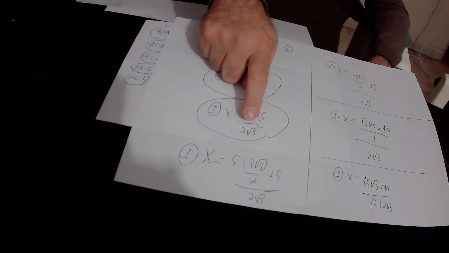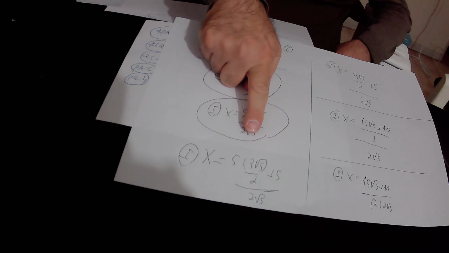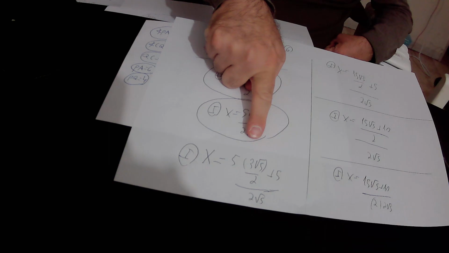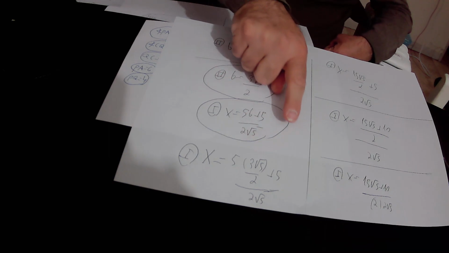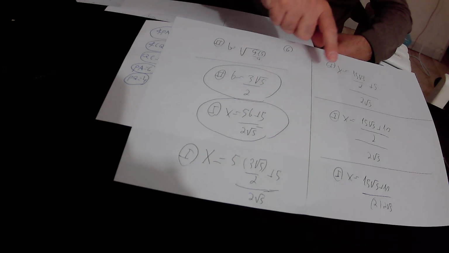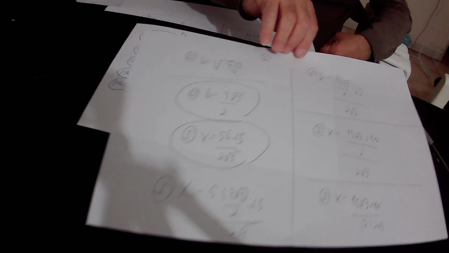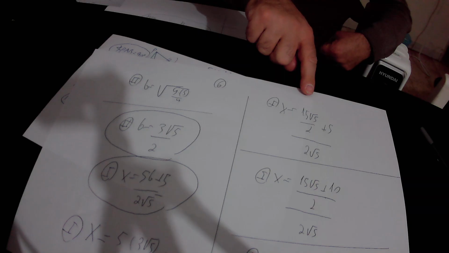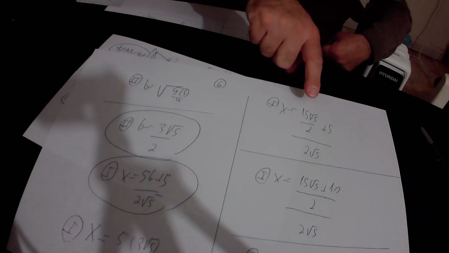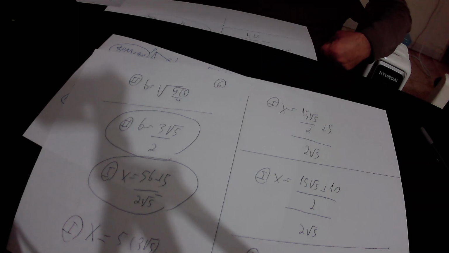So here we have 5 times 3 is 15. So in total, this expression equals 15 times square root of 5 over 2 plus 5 over 2 times square root of 5. Here x equals 15 times square root of 5 over 2 plus 5, all divided by 2 times square root of 5.